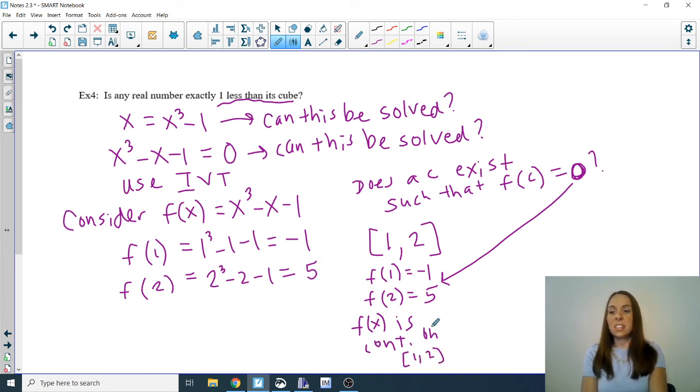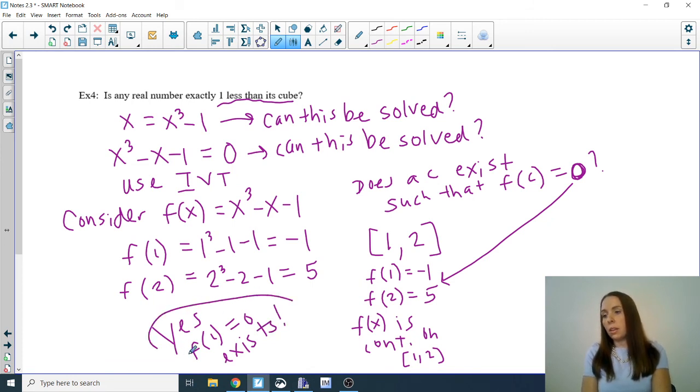And since it is continuous and we found an interval where we have a number that is lower than the value we're looking for, a number that's higher than the value that we're looking for, we can say yes, f of c equal to 0 does exist. It exists. And that is by, I'm going to leave a little bit of room here, by IVT.